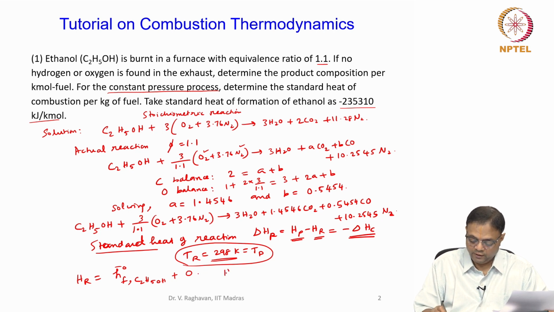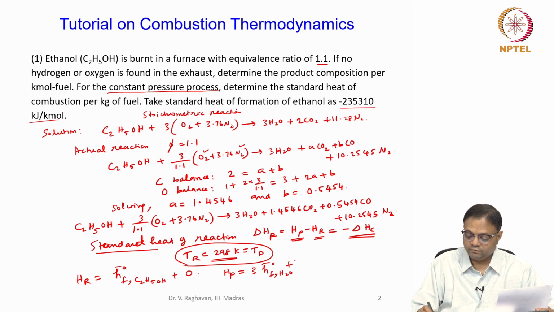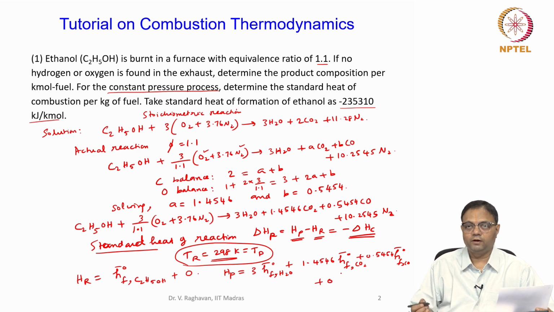Similarly, HP will be equal to 3 times HF of H2O plus 1.4546 times HF of CO2 plus 0.5454 into HF of CO, plus for nitrogen it is 0. Naturally occurring substance, so the enthalpy of formation is 0.